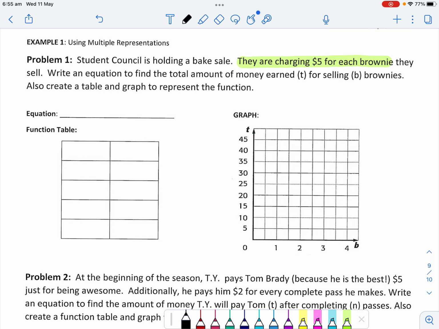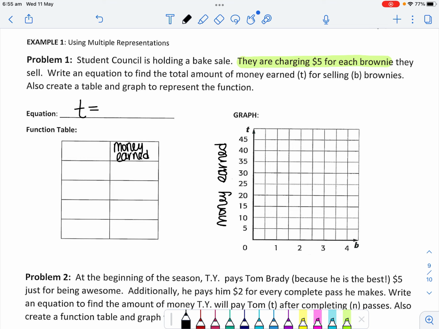In this situation, when I want to find the total amount of money earned, that means that my equation is going to be T equals, because T is going to be the dependent variable, so money earned is going to be dependent. Because I have to do something in order to earn that money.